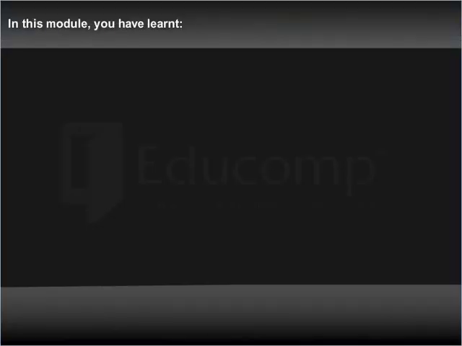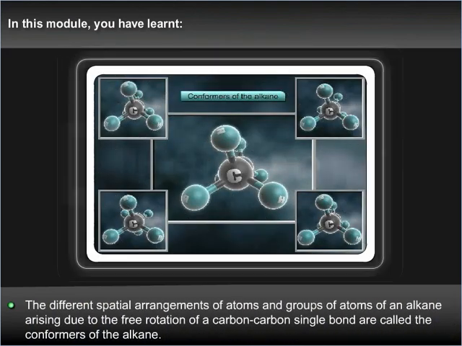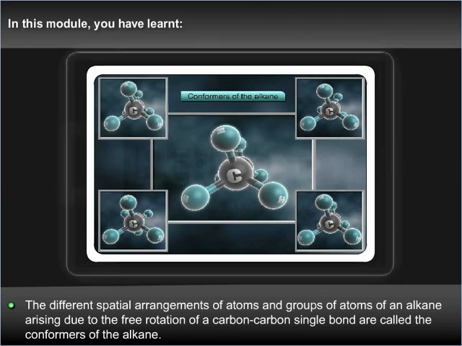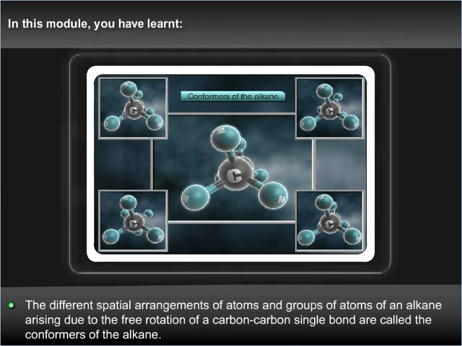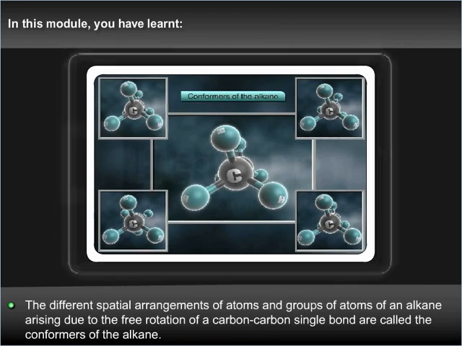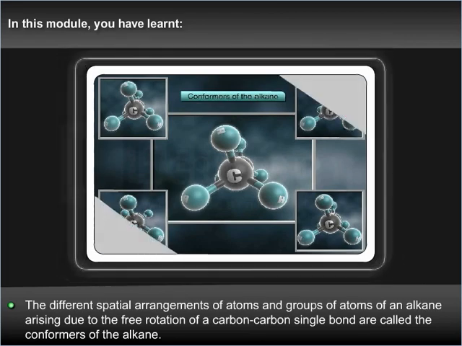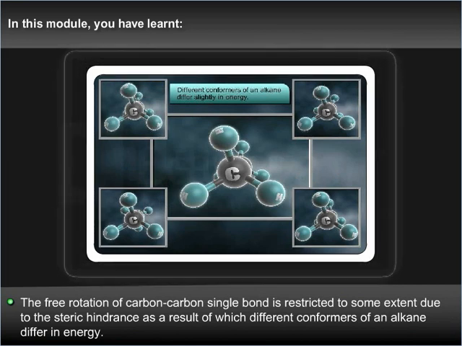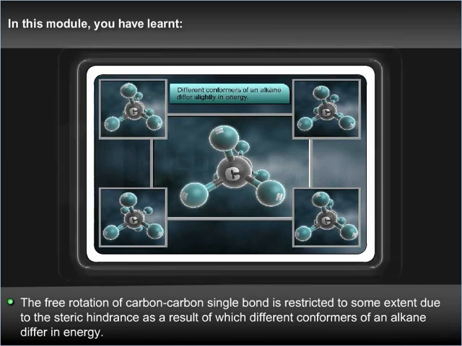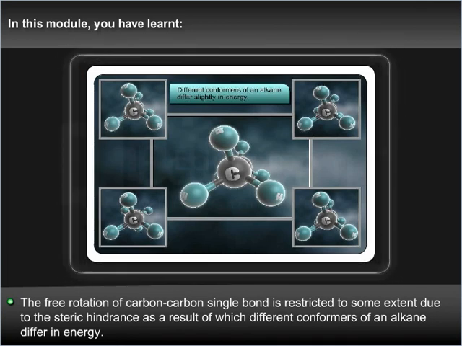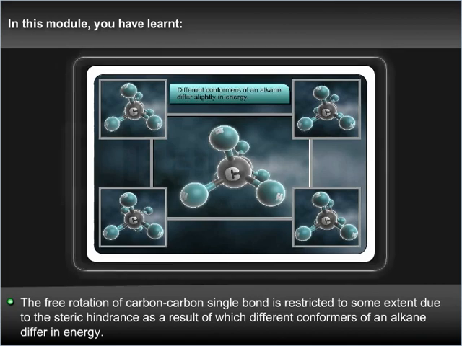In this module you have learned that the different spatial arrangements of atoms and groups of atoms of an alkane arising due to the free rotation of a carbon-carbon single bond are called the conformers of the alkane. The free rotation of the carbon-carbon single bond is restricted to some extent due to the steric hindrance, as a result of which different conformers of an alkane differ in energy.